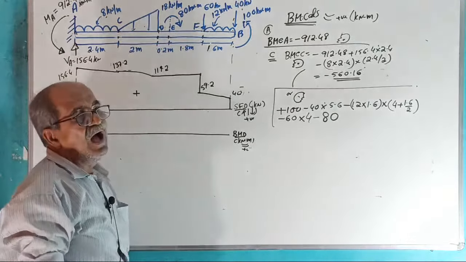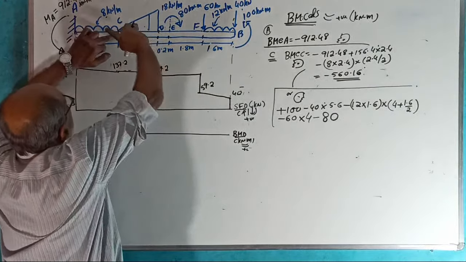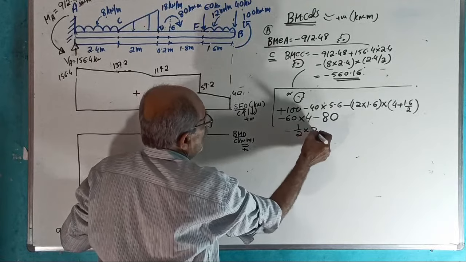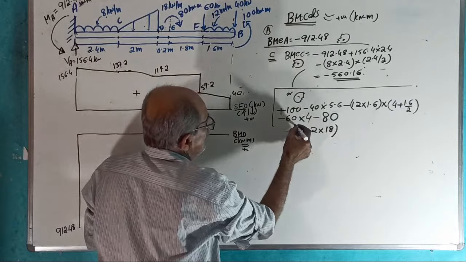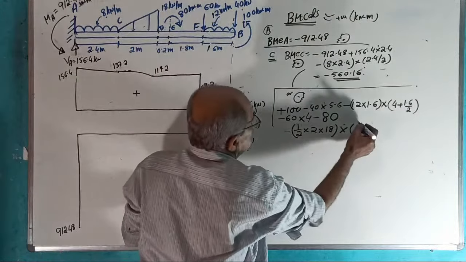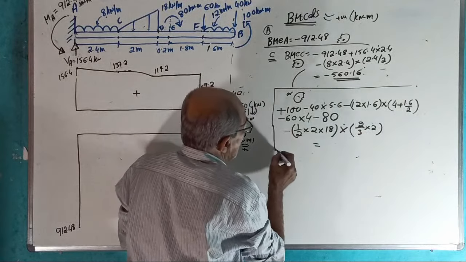Why minus? I told the crude method also for you. Lastly, minus half into 2 into 18 is the total load, into directly here 2/3 of 2. Calculate and tell me the answer.